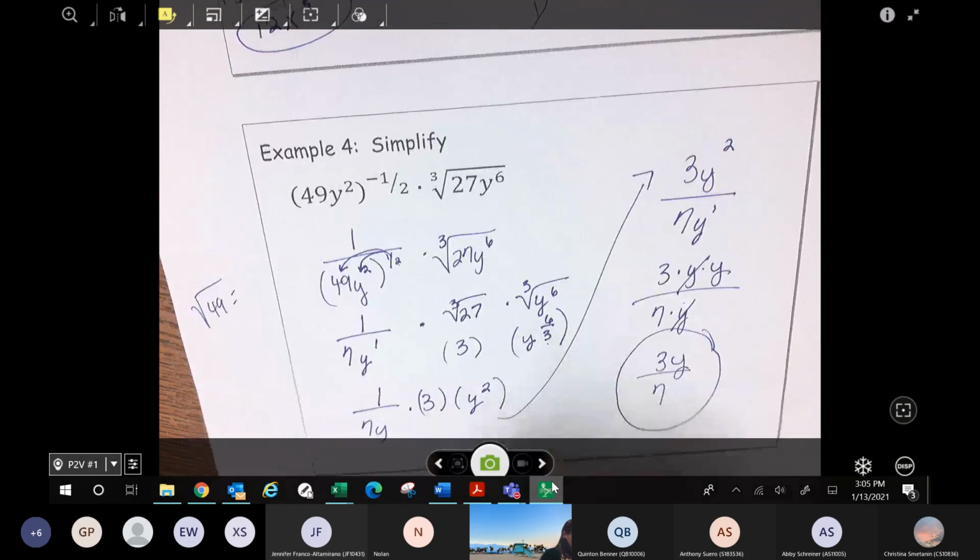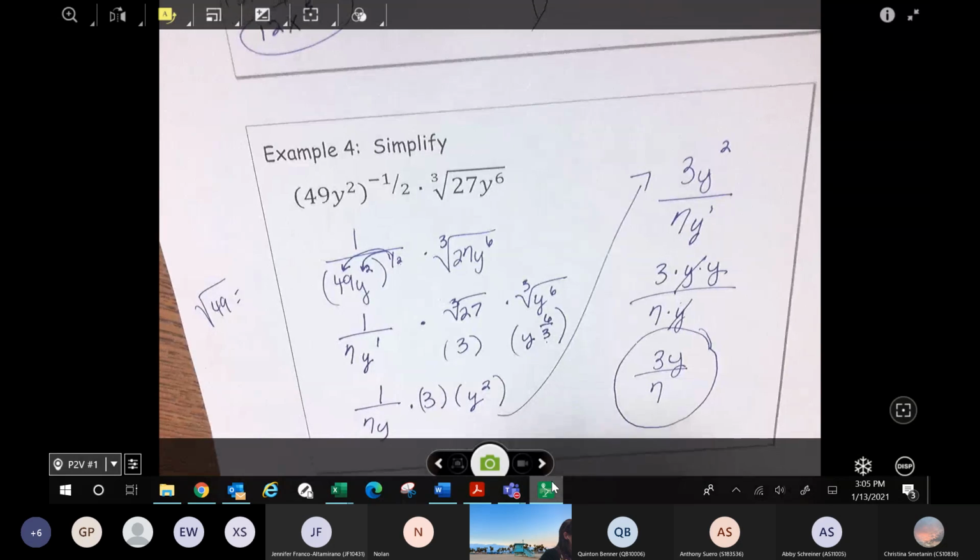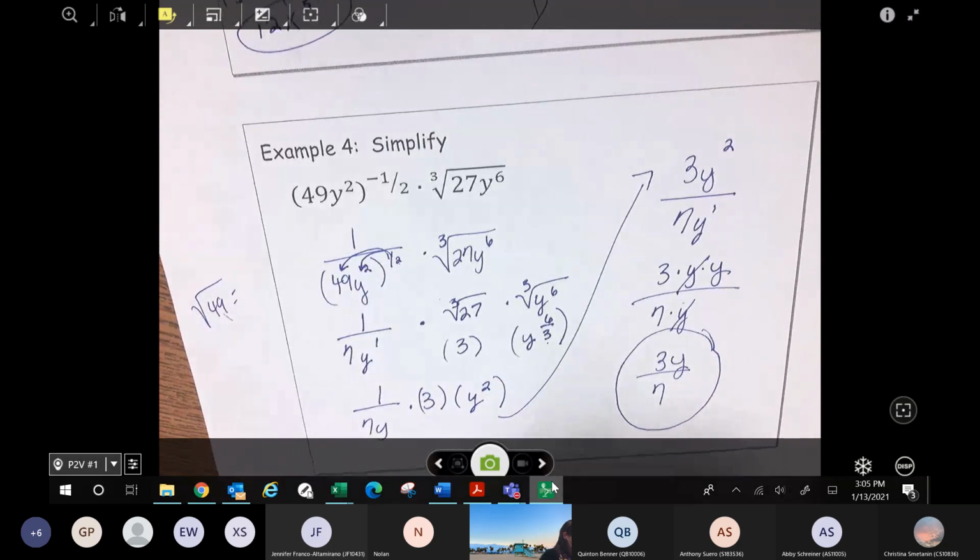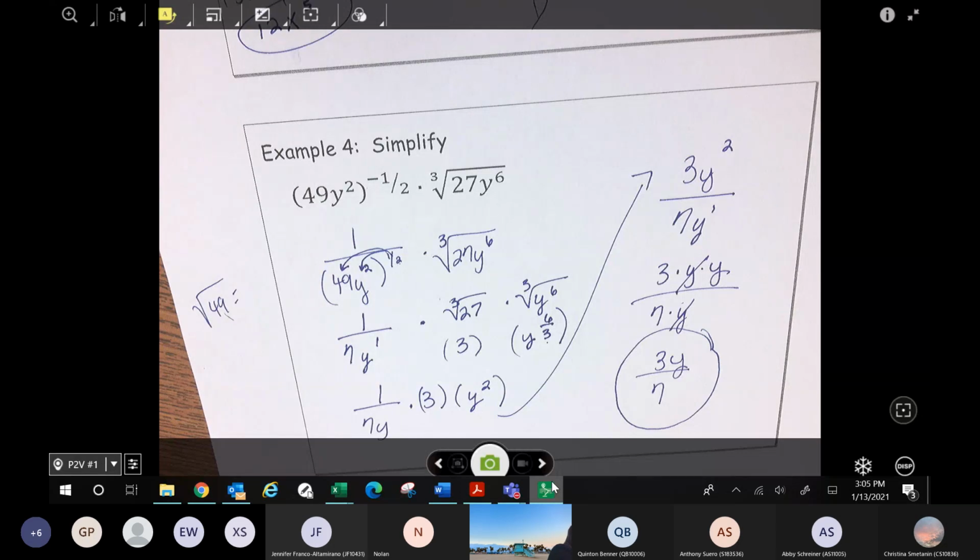I want you guys to work on one problem for me, and then I'll let you go. Let's do number 4 on your exponent sheet.